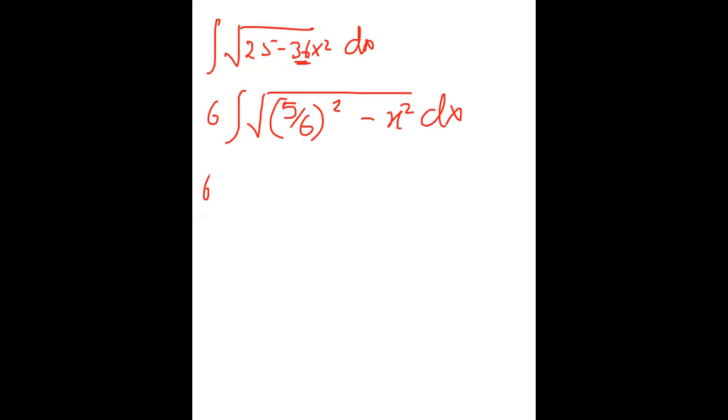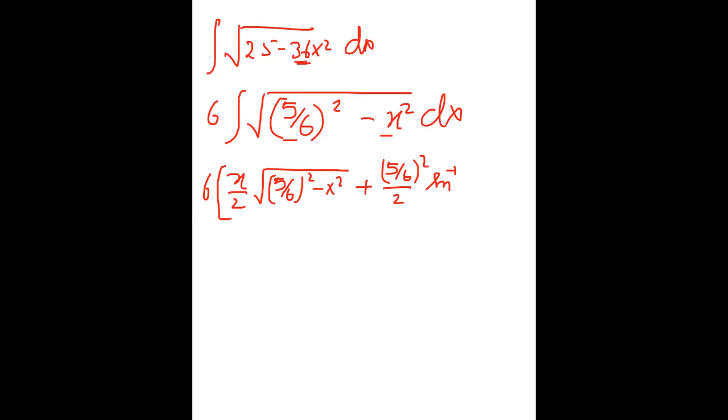So it will be 6 times. First of all, the step says it is x by 2, x itself by 2, under root a square minus x square. So 5 by 6 whole square minus x square, plus a square by 2 means 5 by 6 whole square by 2 sine inverse x upon a, x upon a is 5 by 6, plus c.